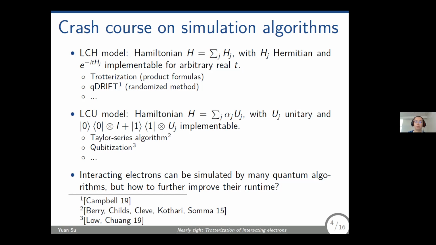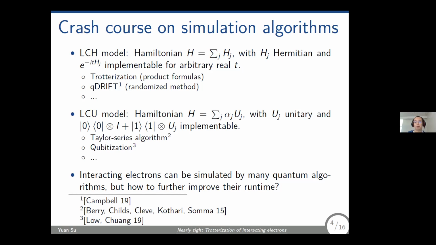If you think about it for a moment, you can see that interacting electrons can be simulated in both models. Naively, you can just decompose the Hamiltonian into Pauli strings, and because Pauli operators are both Hermitian and unitary, you can efficiently implement that in both models. That's nice, we have a lot of choices for quantum simulation.